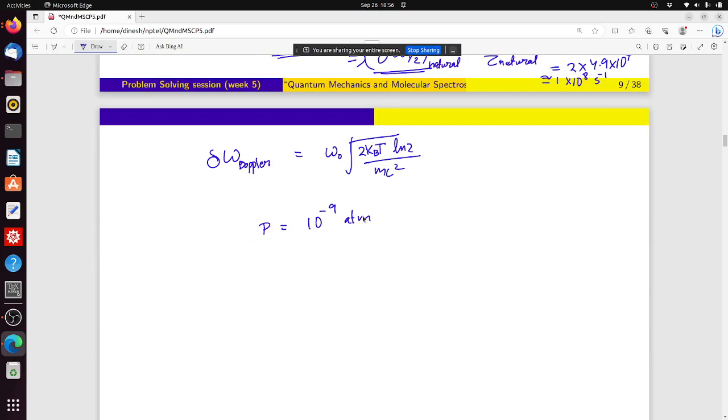Okay, so we can convert this to Pascal unit. 1 atmosphere is 10 to the power 5 Pascal, so this will give us 10 to the power minus 4 Pascal. Okay, so pressure we have. Temperature is 250 Celsius, then we have to convert it to Kelvin. 273 plus 250 is 523 Kelvin.